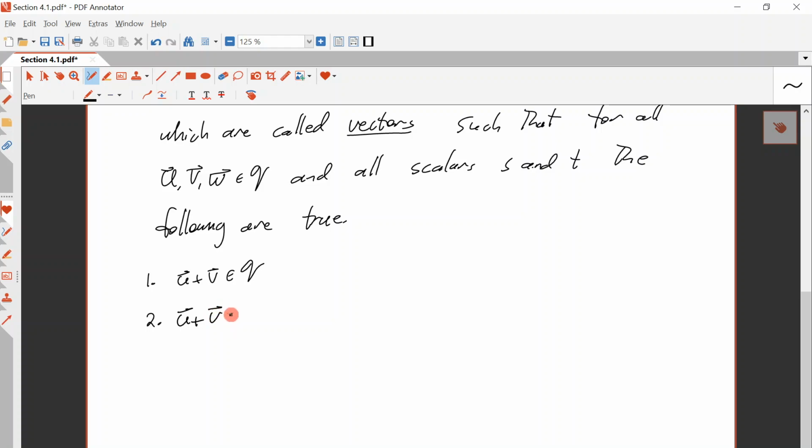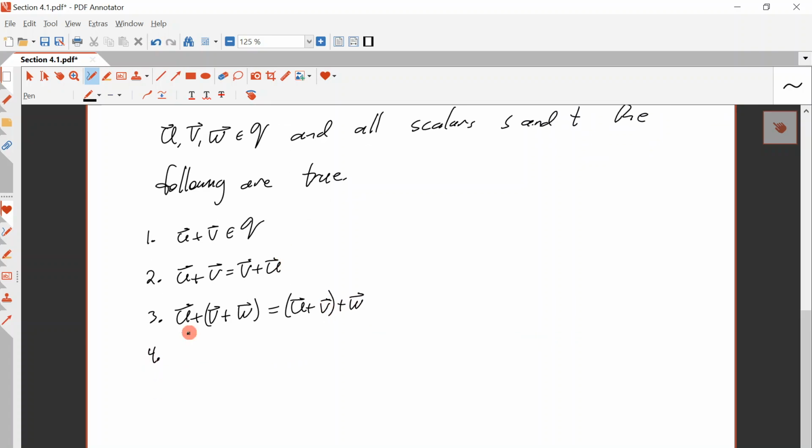2, u plus v is equal to v plus u. Addition is commutative. 3, addition is associative. u plus v plus w is u plus v plus w. 4, there is a vector 0 in V such that 0 plus v is equal to v.